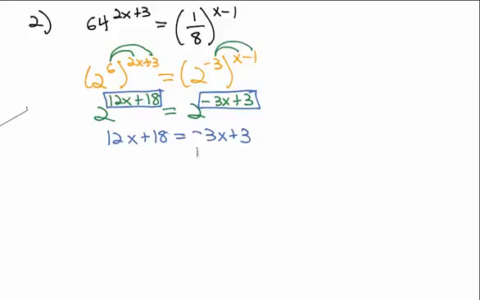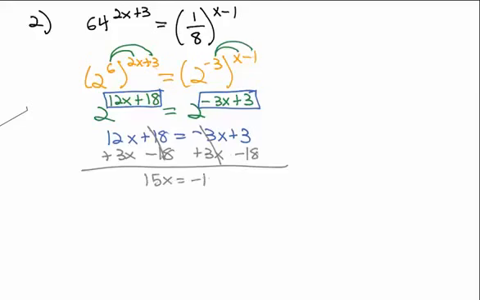And then solve the simple linear equation. We'll add 3x to both sides to get all the x's on the same side. We'll subtract 18 from both sides to get all the numbers on the other side. And we have 15x equals negative 15. So when we divide both sides by 15, x is equal to negative 1.